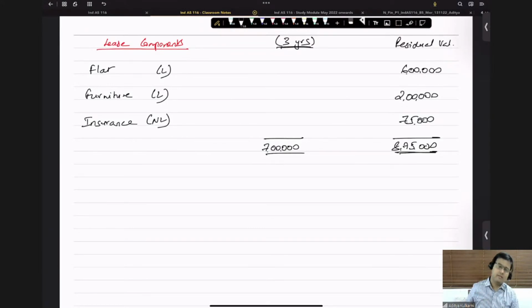In the case of insurance, is the lessee going to be benefited or not? What do you think?